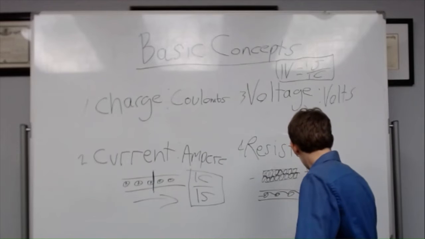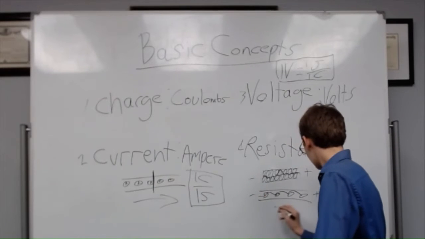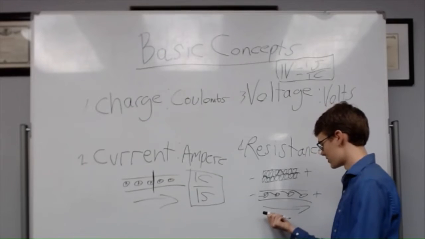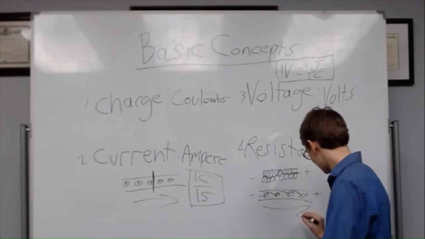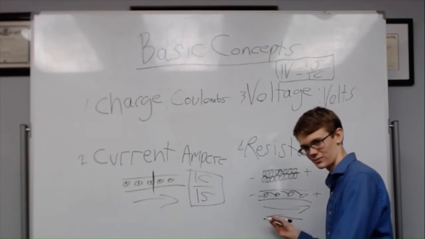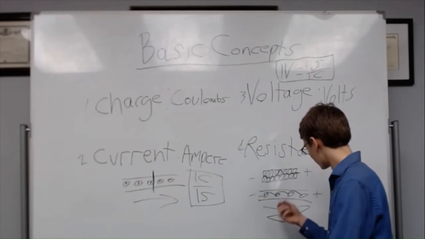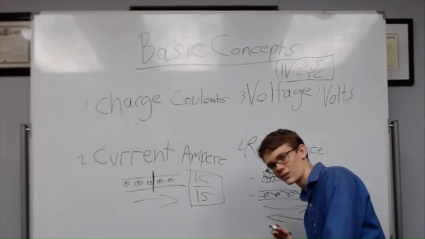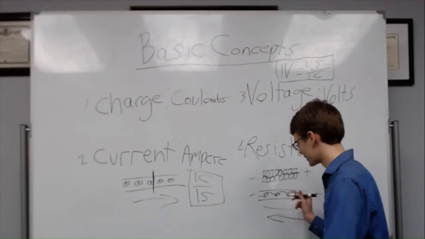Where voltage is trying to push the electron this direction, the resistance will be trying to push it back this direction. So the resistance is kind of like friction. You can kind of think about it that way. The resistivity of the metal is going to be like that.